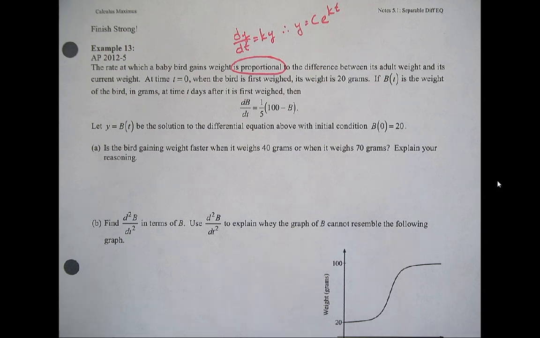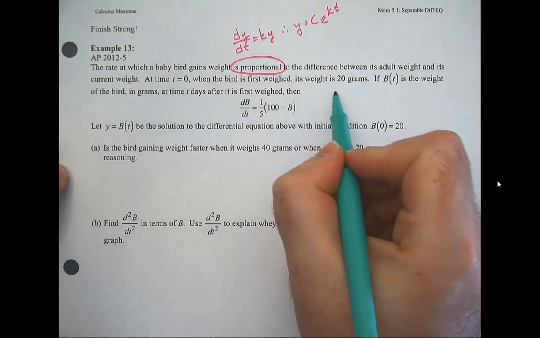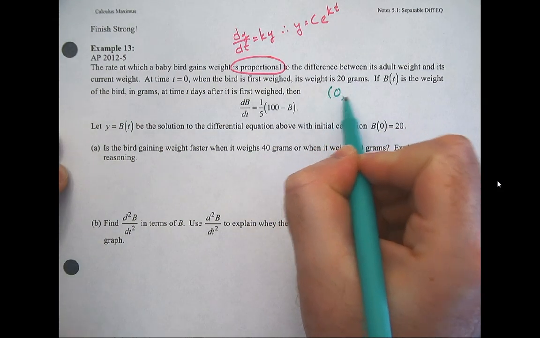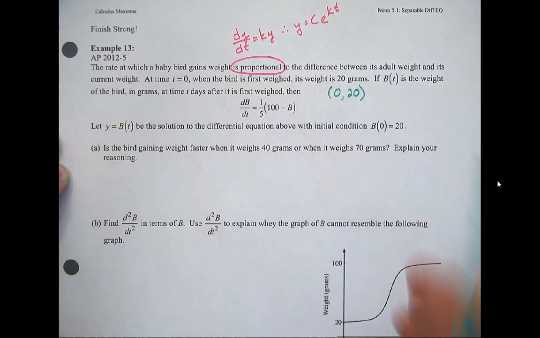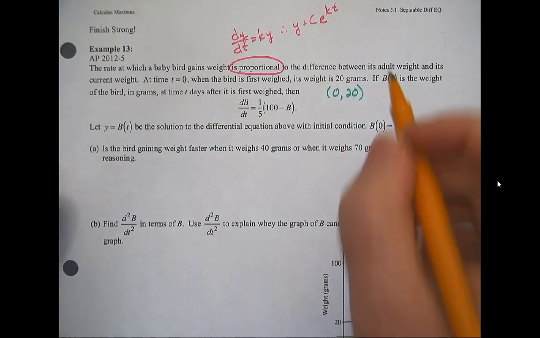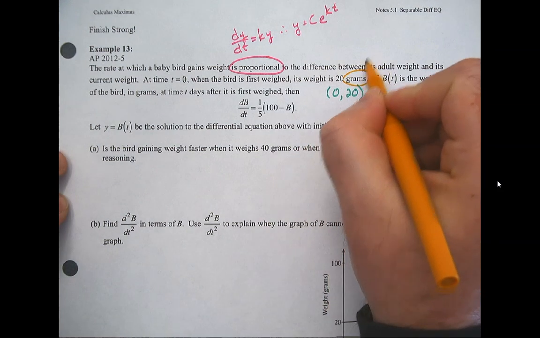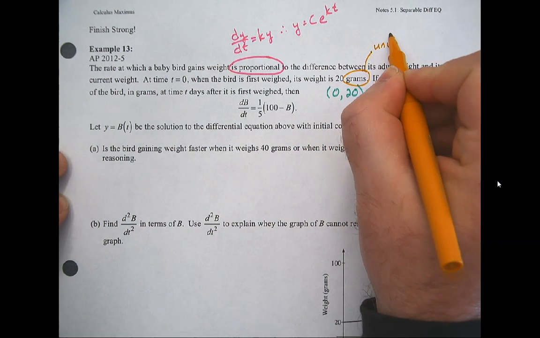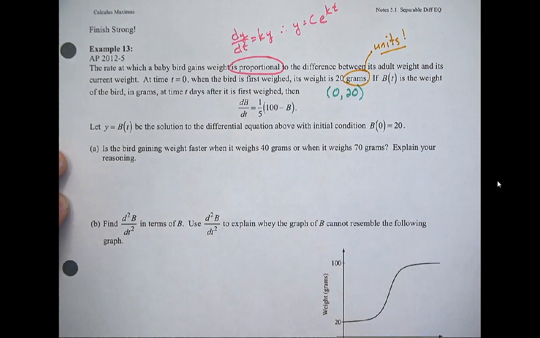At time 0, when the baby bird is first weighed, it weighs 20 grams. So I'm going to make another note of that. So that's at time 0, we have 20, and I'm going to circle grams because that means we have units. We have grams and then we have days.